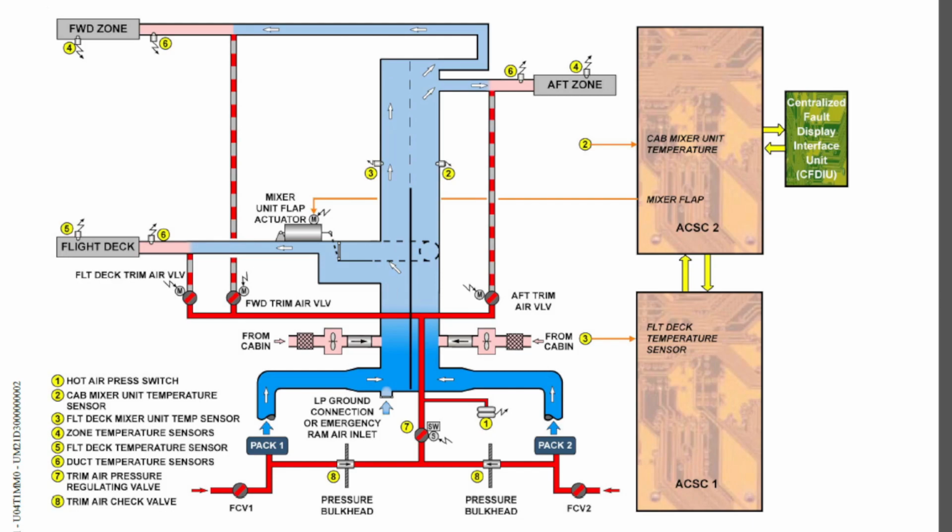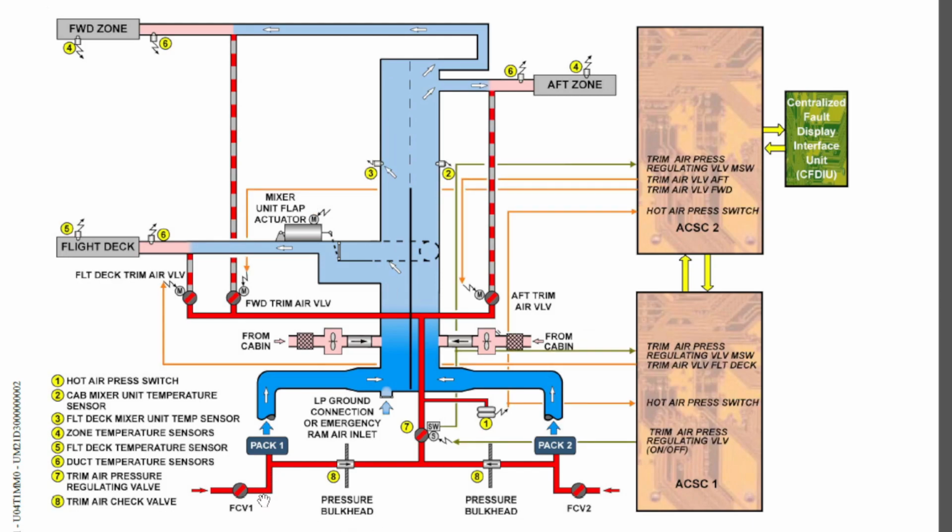So if we summarize, we had airflow divided into 2 parts after the flow control valve. One part went to the pack, the other part came to the hot air system. The hot air from pack flow control valve 1 and flow control valve 2 goes through this common valve, which is the trim air pressure regulating valve, controlled by air conditioning system control computer 1 using a solenoid, and the position of the valve is given to both computers using a micro switch.